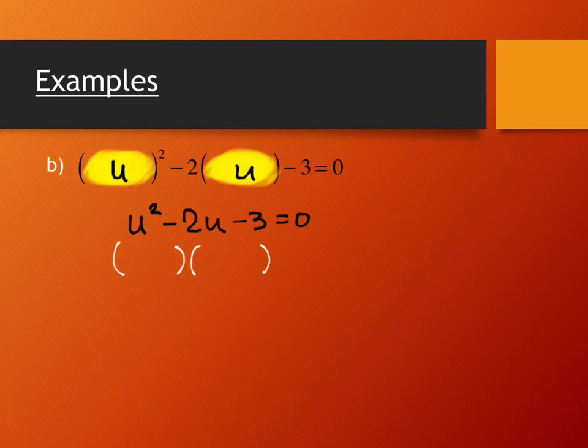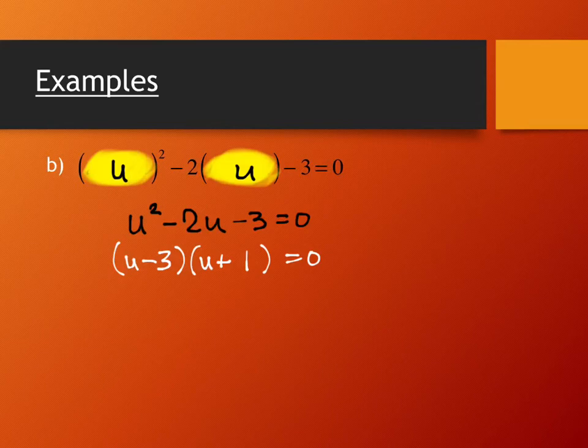It's one that factors very nicely with trial and error because it's got that coefficient of 1. So I have u and u. This tells me my signs don't match, so I need a negative and a positive. I need two numbers that multiply to negative 3 and add to negative 2. Negative 3 and positive 1.